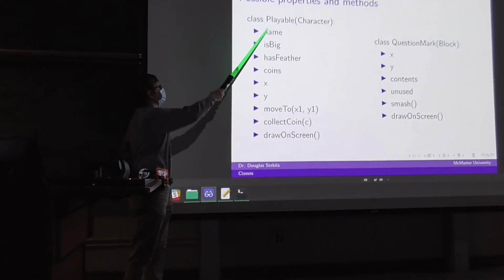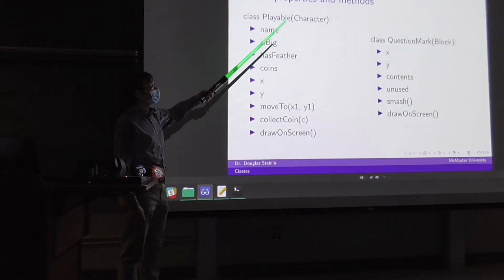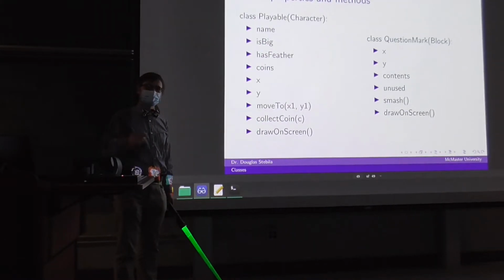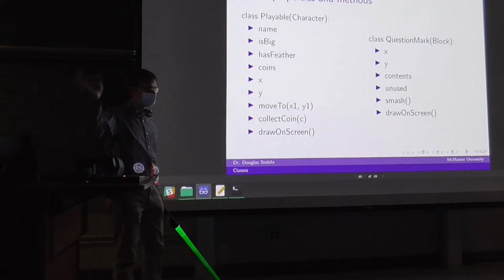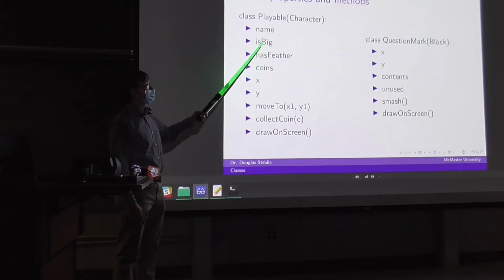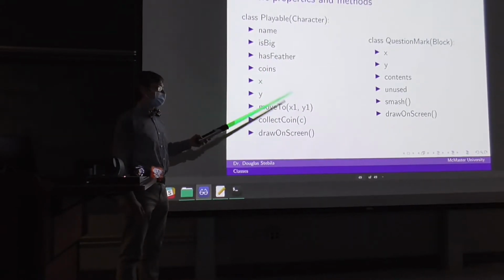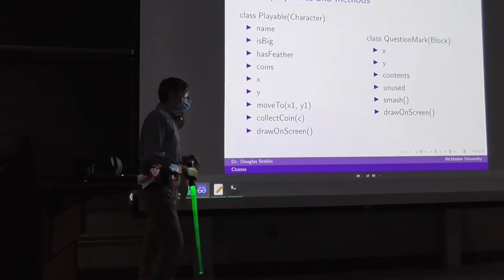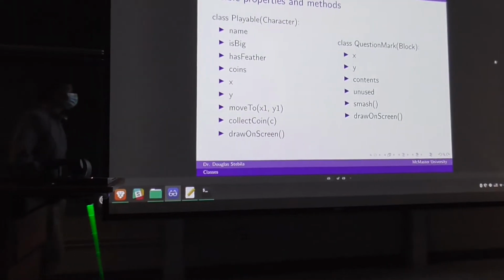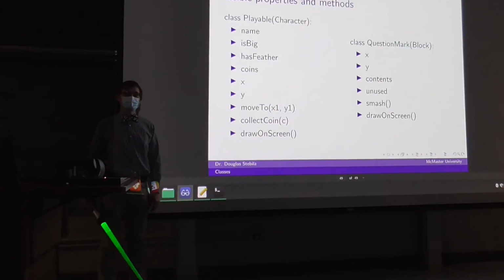So, playable character would have several properties. Name, and state, Mario's power-up state. Has feather. I would put those in one, but anyway. Number of coins acquired. X and Y positions in the game space. Not only X and Y positions, but also X and Y momentum.